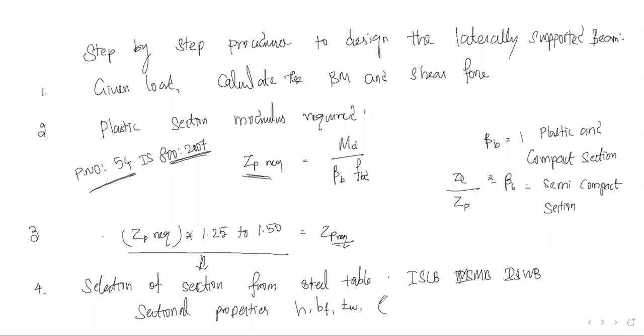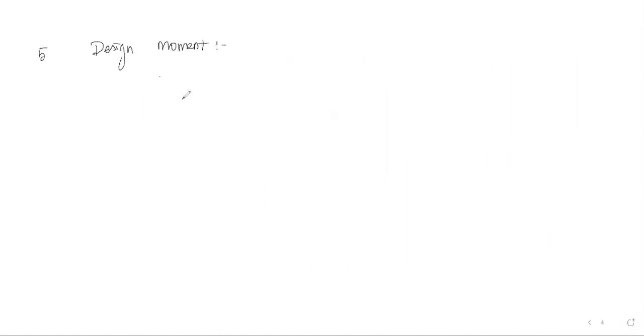Here it is nothing but ZP provided, and the I section moment of inertia, we have to get it. So MD is equal to beta B into ZP provided multiplied with FBD.